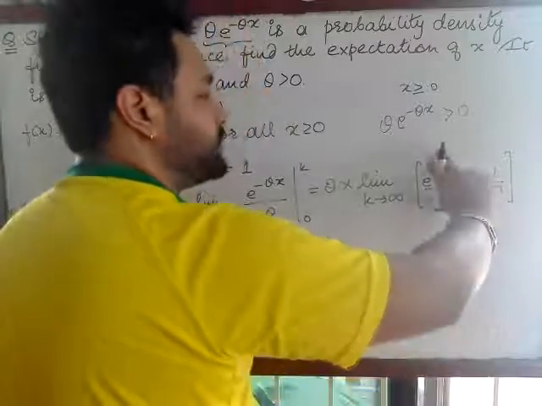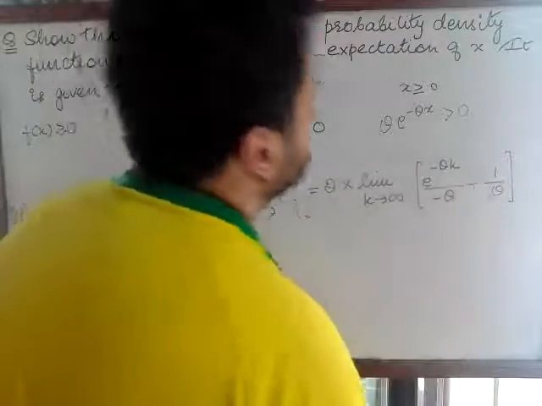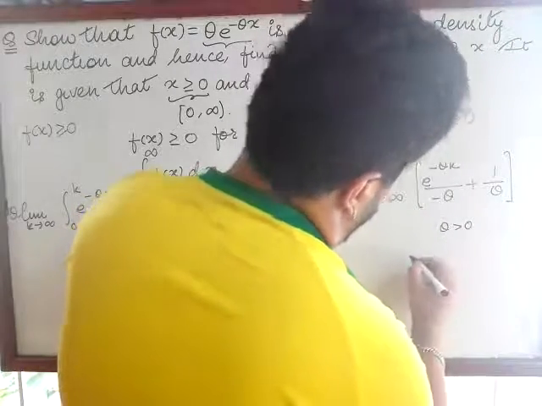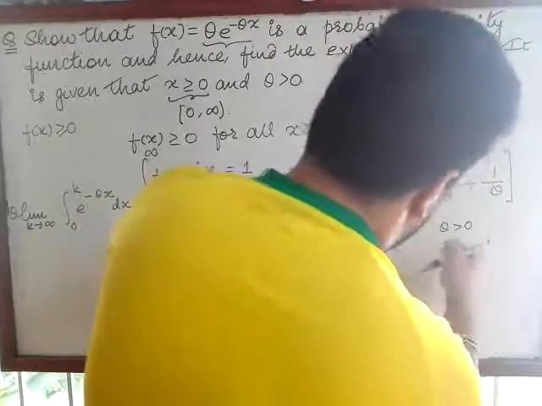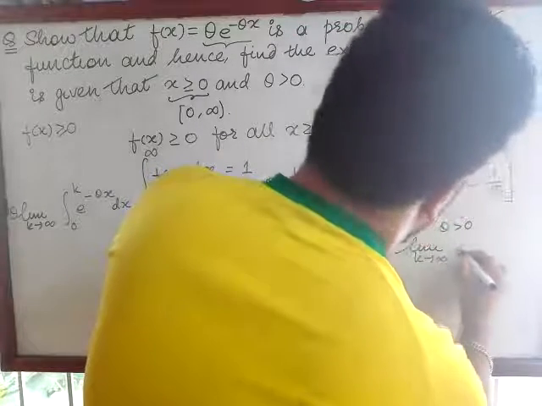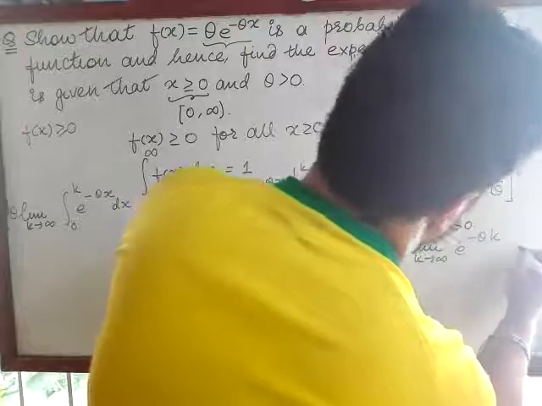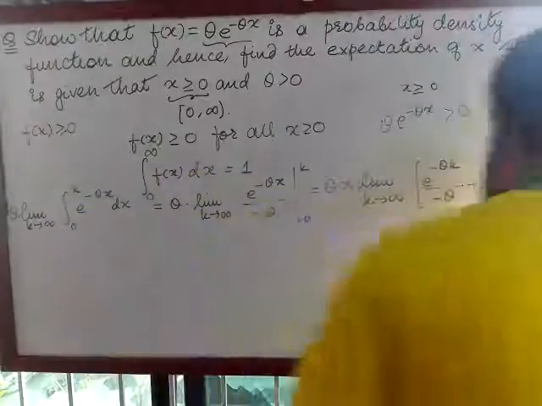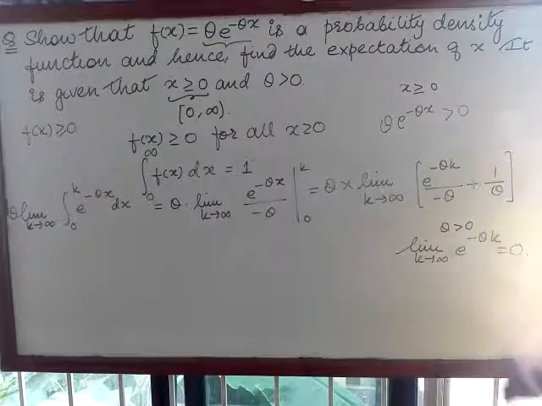The limit only applies to the part that depends on k, and since theta is greater than 0, we must have the limit as k tends to infinity of e to the power minus theta k equal to 0.